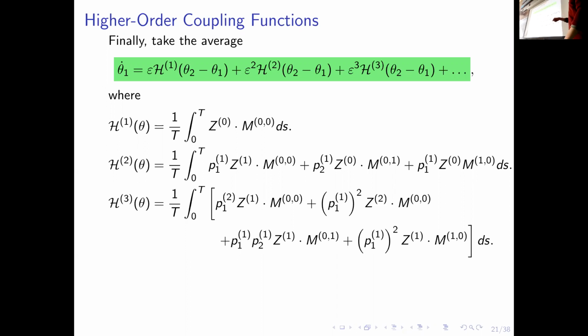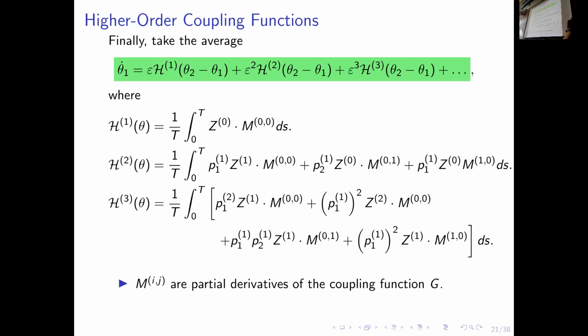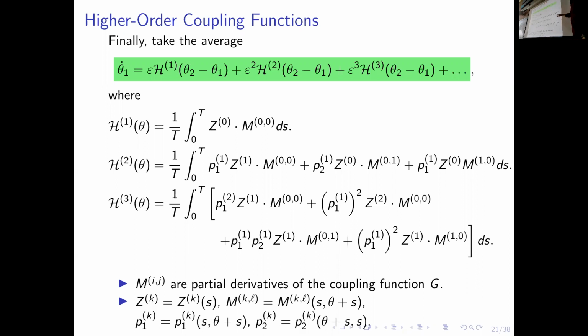I can show you at some point. We can have the same thing for all these higher order terms. These are the derivatives of the coupling function, which we get out of the expansion, and we can see that they're all functions of the phase difference.